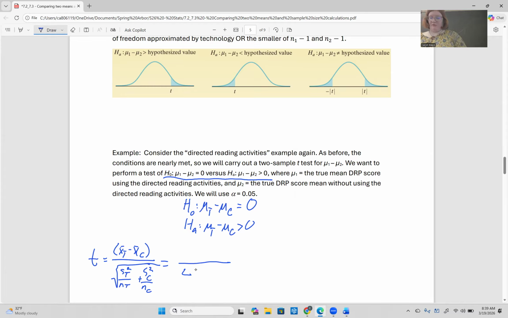So we should have gotten, if we plug them in, let me write them plugged in real fast, just so we see where we're coming from. This was 51.48 minus 41.52 all over the square root of 11.01 squared over 21 plus 17.15 squared over 23.